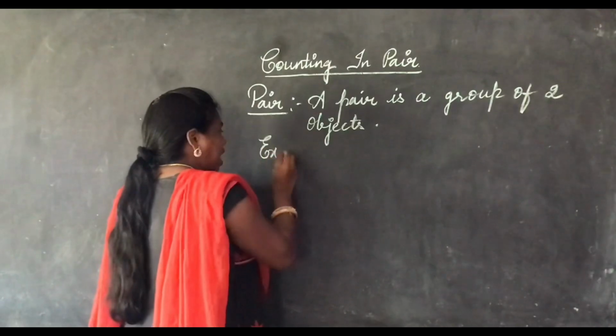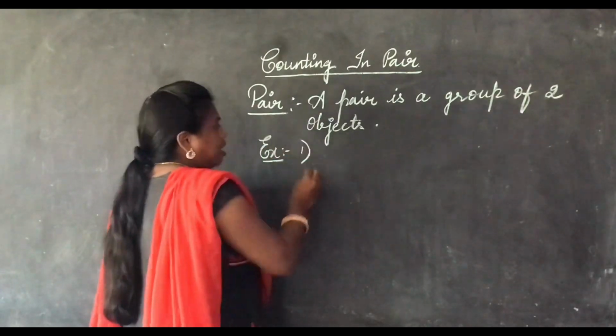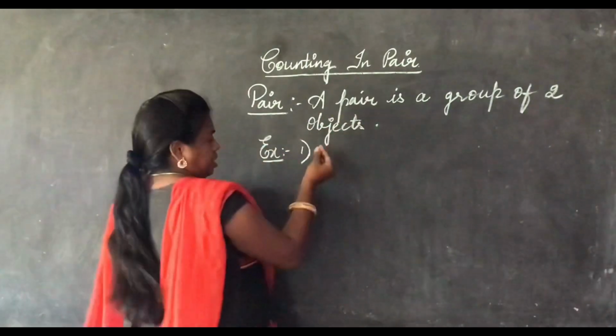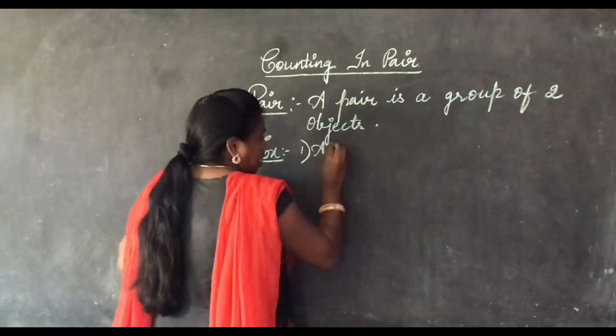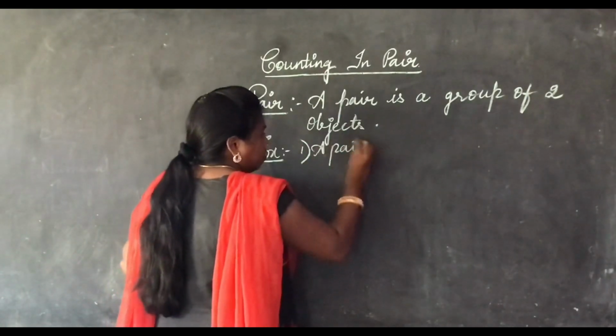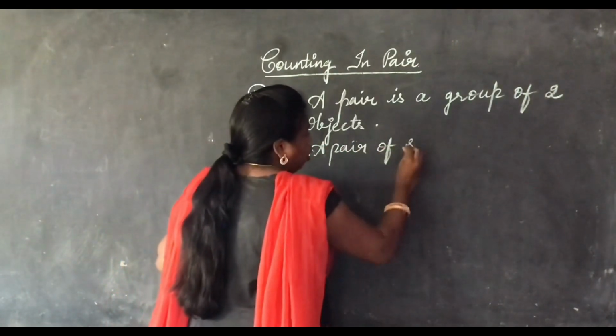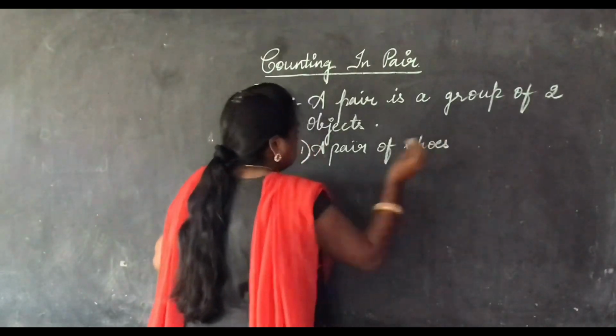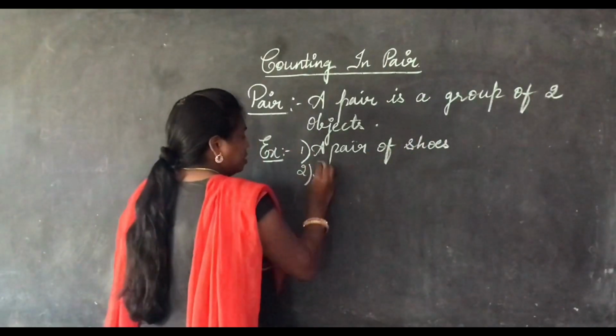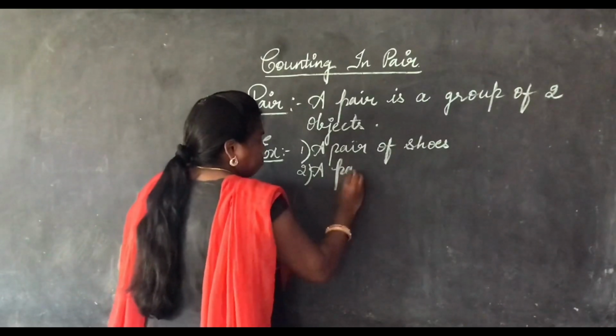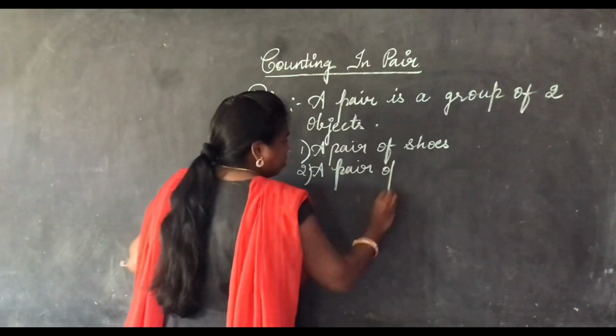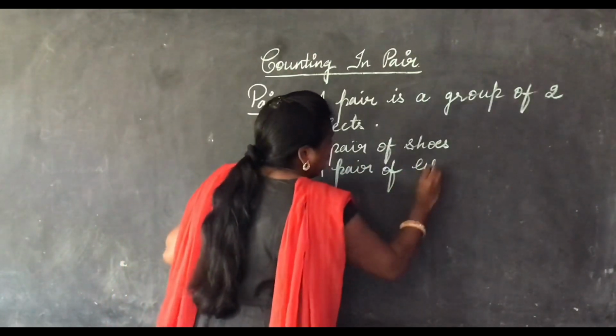Examples of these are, see, we can write examples like this. A pair of shoes. Coming to the second one, a pair of glasses.